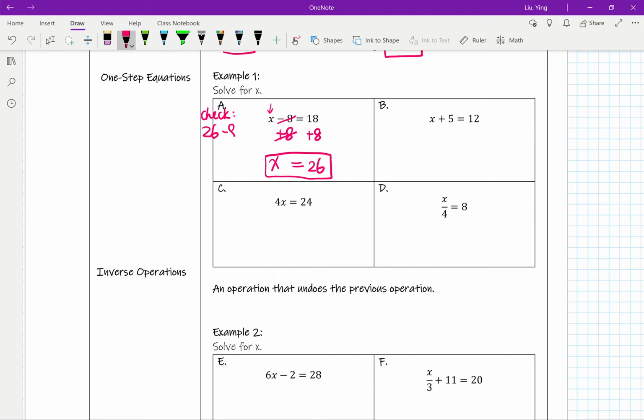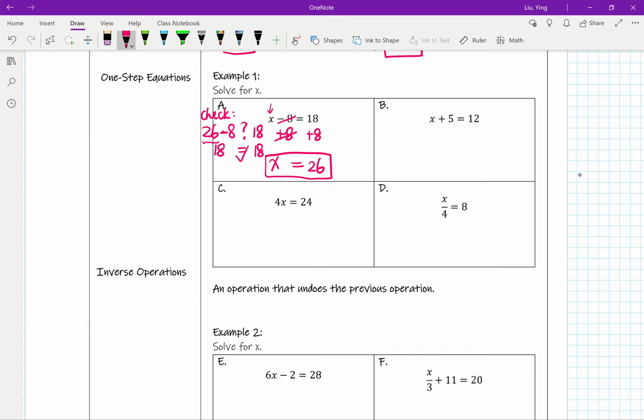After I took away 8, would that make my scale balance? So what is 26 minus 8? That's 18. It does equal the right-hand side because 18 and 18 are the same. So that tells me that is the correct solution. That's how we check.